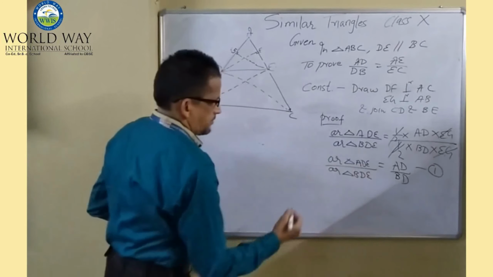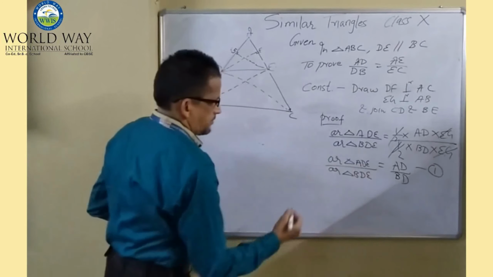Now, you have done one theorem in class 9. Area of triangle BDE is equal to area of triangle CED. Why? I gave you a hint: one of the theorems that we learned in the chapter on areas in class 9. Quickly tell me, do you remember?